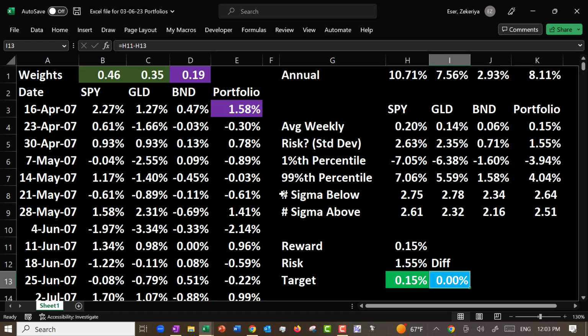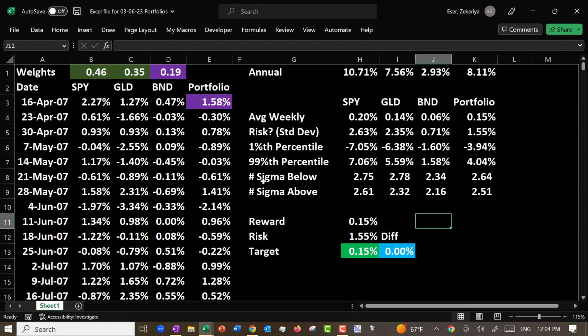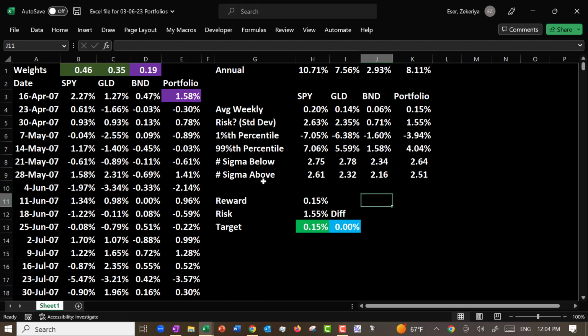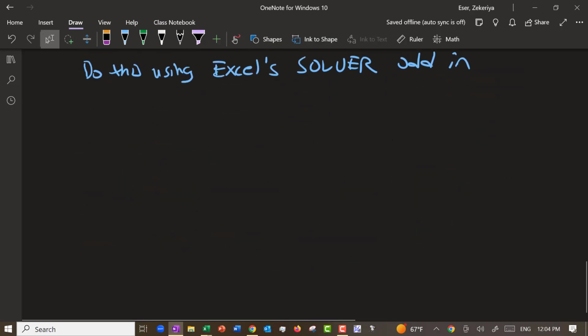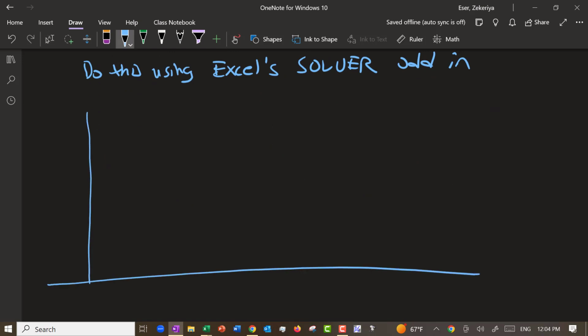Around here somewhere, we're going to do some sort of chart. Let me make this a bit smaller. We're going to build a chart like this. On the horizontal axis, I'm going to plot the risk. On the vertical axis, I'm going to plot the reward. Okay.